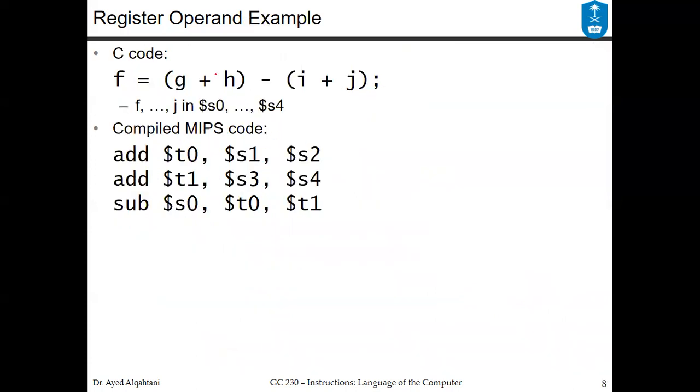Now, we're going back to our example. Instead of using variable names G, H, I, J, and F, we will use registers. So you can see, now we have those 3 instructions, and now we use the temporary as a destination.